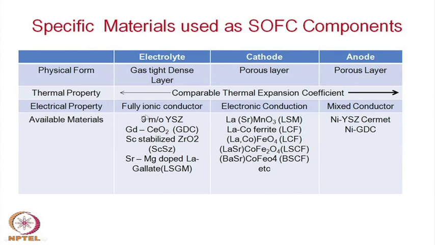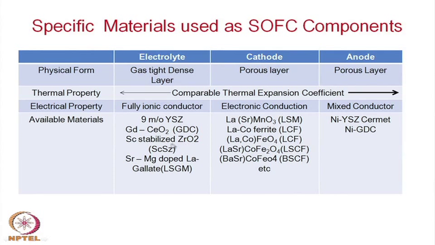Some alternative materials are also there like gadolinium doped cerium oxide. Cerium oxide is also known to be a cubic fluorite structure, and adding gadolinium produces, in short, it is called GDC, and that also has an oxygen ion conductivity. It may also have some other properties, we will see later on.